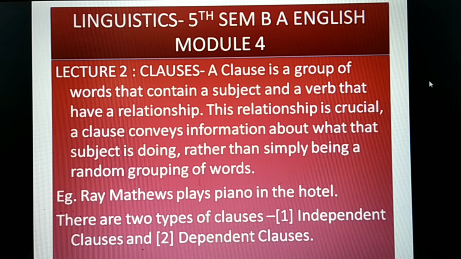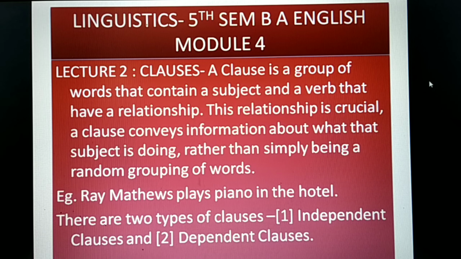So independent clause is a clause which can convey a meaning all alone. Dependent clauses can't convey a meaning on their own. They depend on the independent clause, and hence we call them dependent clauses, or subordinate clauses.